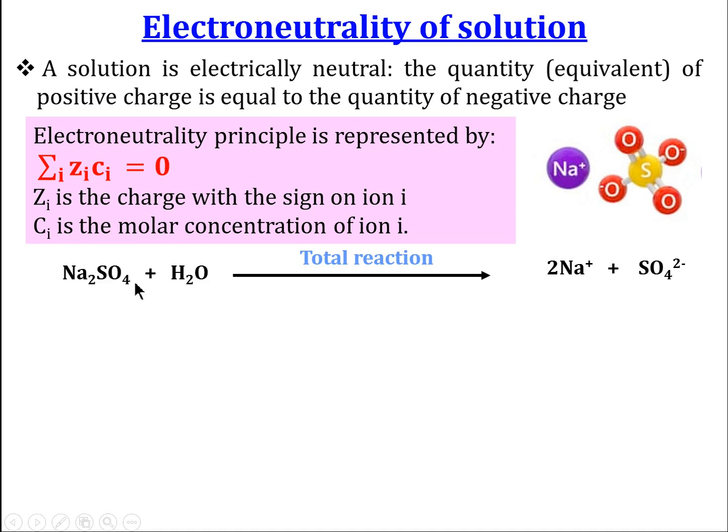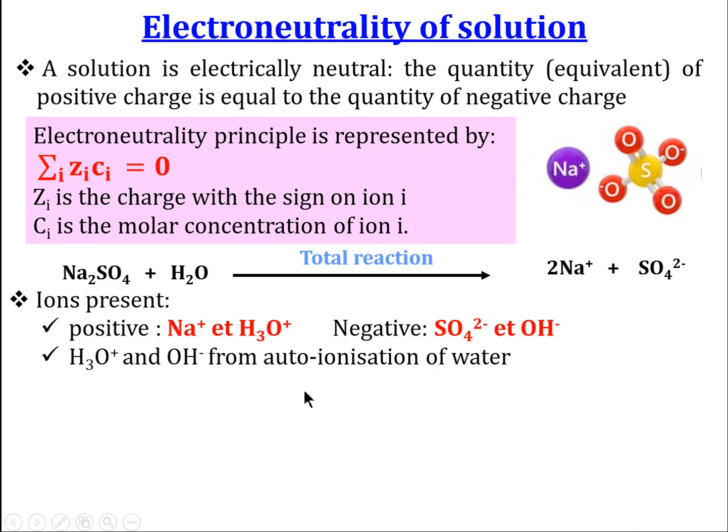When Na2SO4 is dissolved in water, we obtain, according to this total reaction, Na+ and SO4 2- ions. So what are the ions present in this solution? First of all, we have the positive ion Na+ and the negative ion SO4 2- that result from the direct dissociation of Na2SO4. And we have also H3O+ and OH- present in the solution from the autoionization of water.